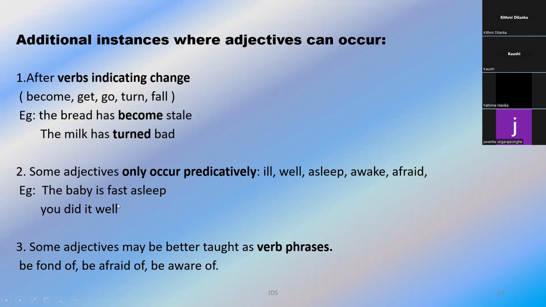So asleep is an adjective that can occur only predicatively. And same with well, right? You try to construct a lengthy sentence using well as an adjective.